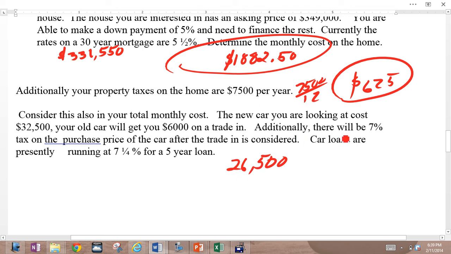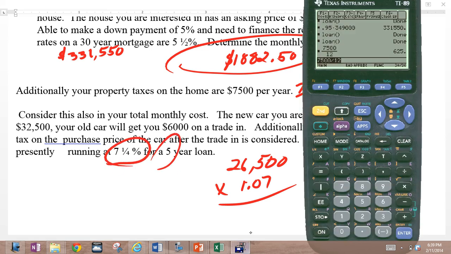All right, now you apply the taxes. So now the actual cost of the car is going to be 1.07 times that. And then we'll execute this again. That's the 7%. That'll give us that figure, which we're going to put into our loan application at 7.25 for 5 years.